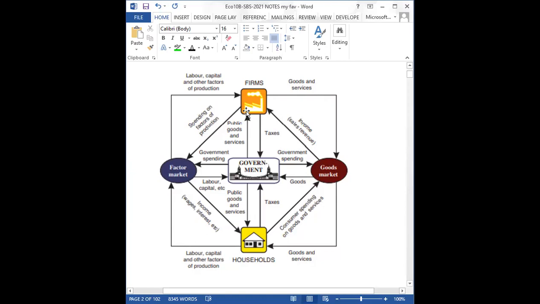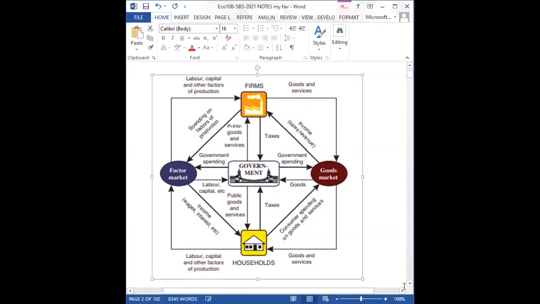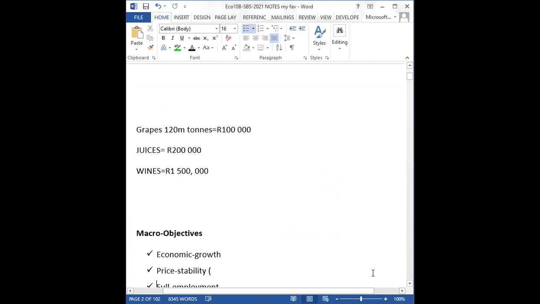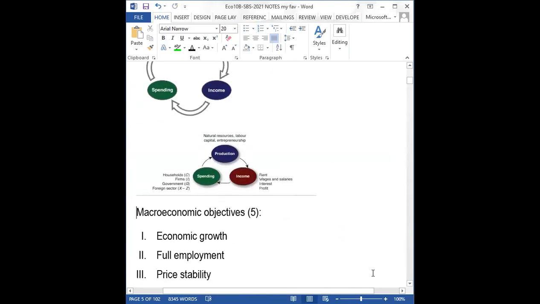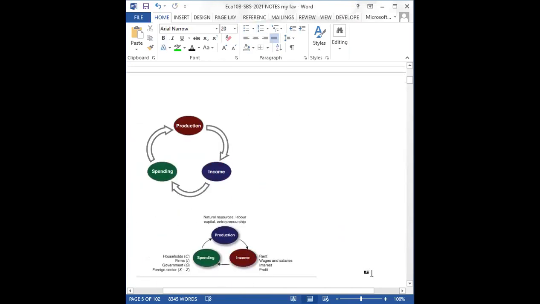And when it comes to the production method, these firms are producing. How much value are they producing within the economy? The value that they are producing can also be used to measure the level of economic activity, because eventually the value is also reflected in the income that the households are receiving, and in how much the households are going to be spending on the production that is to take place or has taken place within an economy, and therefore it creates an economic system.